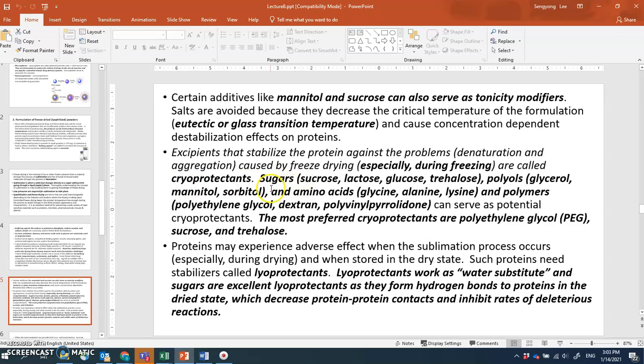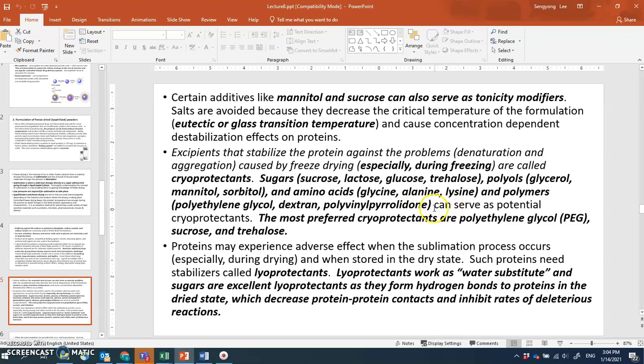So sugars of different kinds, sucrose, lactose, glucose, trehalose, and the polyols like glycerol, mannitol, sorbitol, made out of polysaccharides, and simple amino acids like glycine, alanine, lysine can be used, as well as polymers like polyethylene glycol, dextran, polyvinyl pyrrolidone.